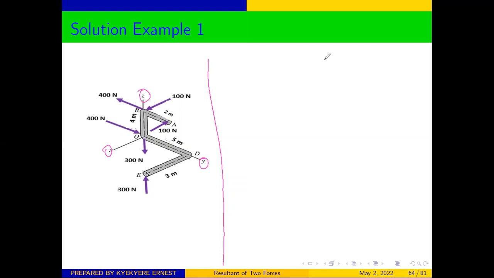In this question, we are going to see how to solve the problem using both the scalar method and the vector approach. So let's start with the scalar approach.